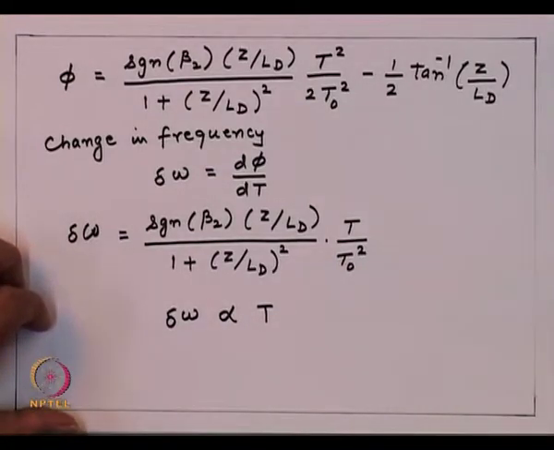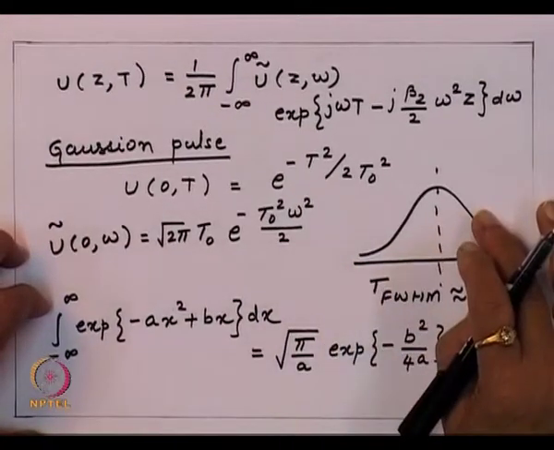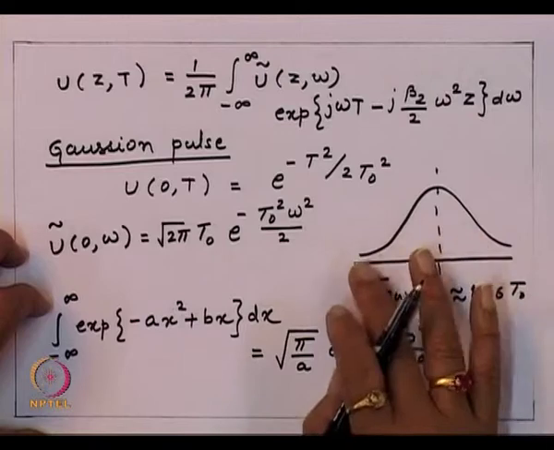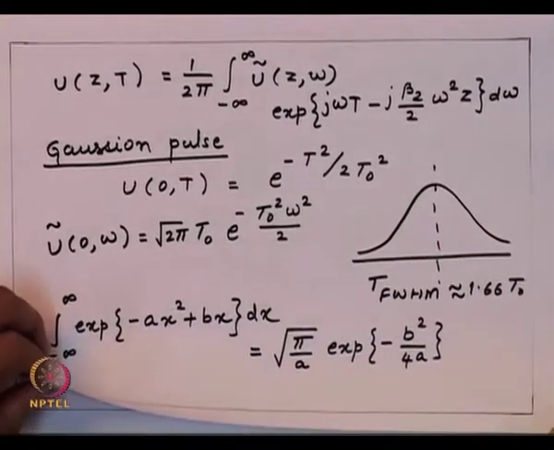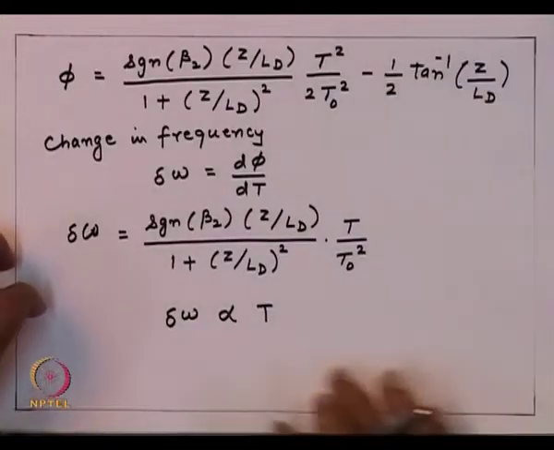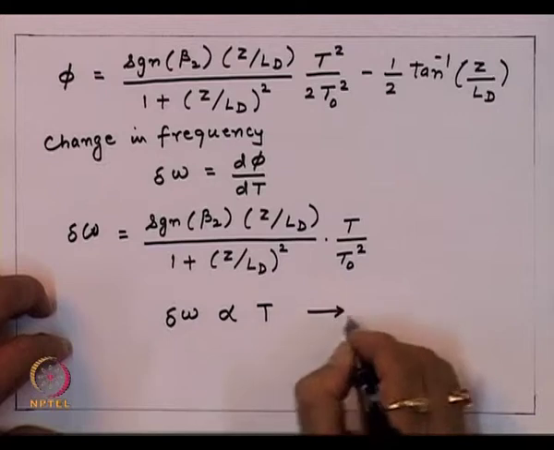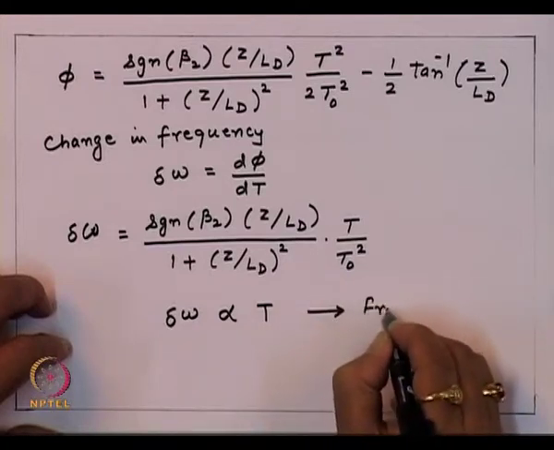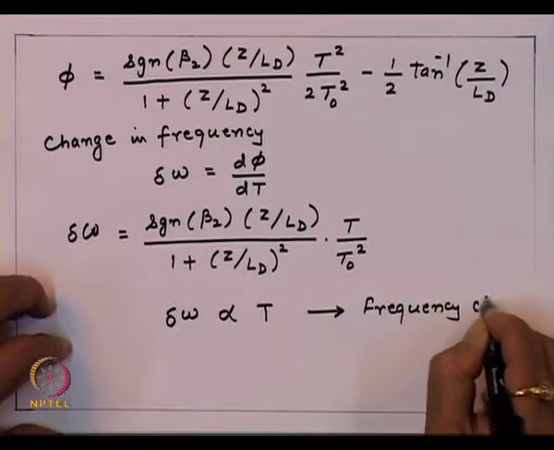That means, inside the pulse the frequency is going to linearly change from one end of the pulse to another end of the pulse. This phenomenon of change in frequency is what is called the chirping phenomenon. So, this gives what is called the frequency chirp.